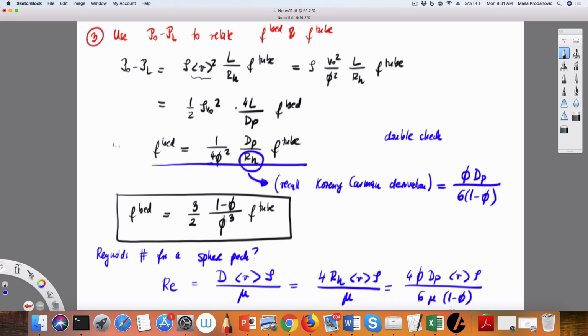And this V is often actually, so when, what is this? Okay. So you will see, so this is essentially 4 over 6, or 2 over 3, dp V0 rho divided by mu (1 minus phi). And I'm gonna remove this like that.